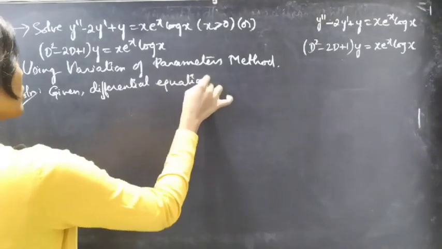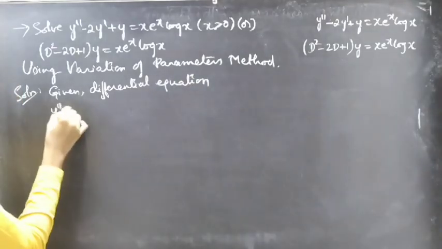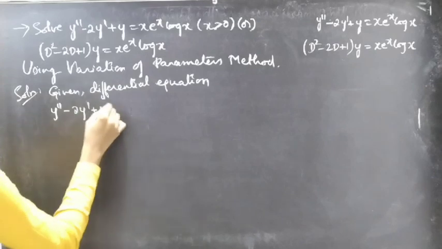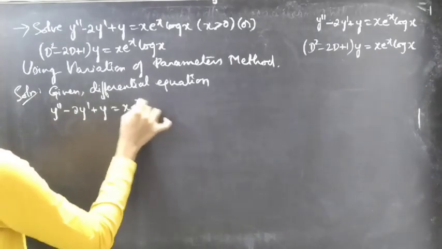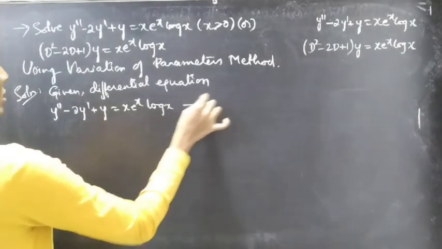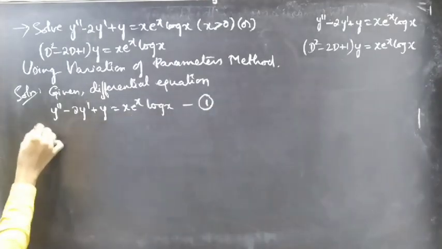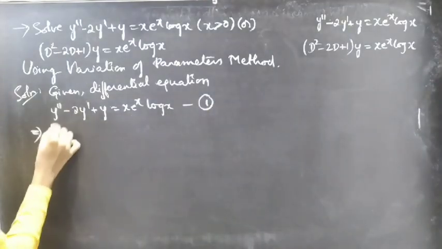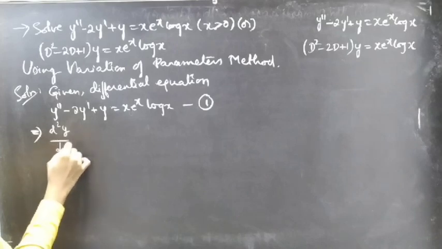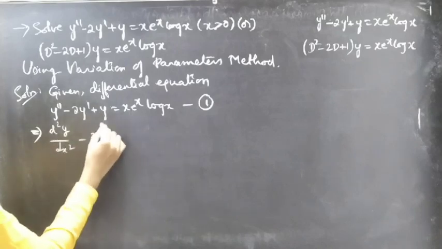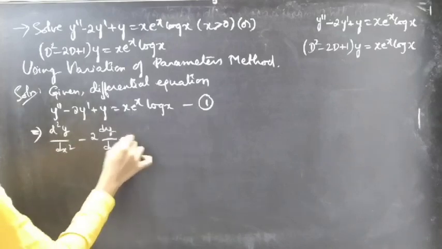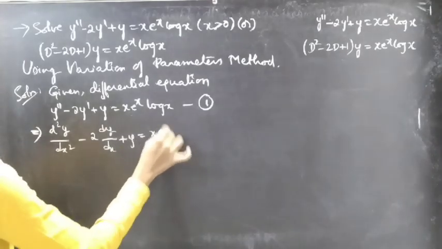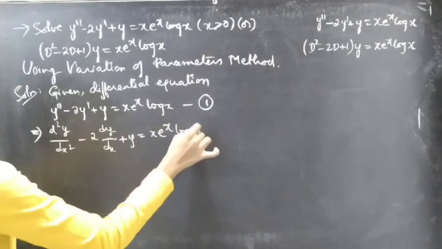Given differential equation y double dash minus 2y dash plus y equal to x e power x log x, consider as equation 1. Now we can write y double dash as d square y by dx square, minus 2 into, write y dash as dy by dx, plus y equal to x e power x log x.